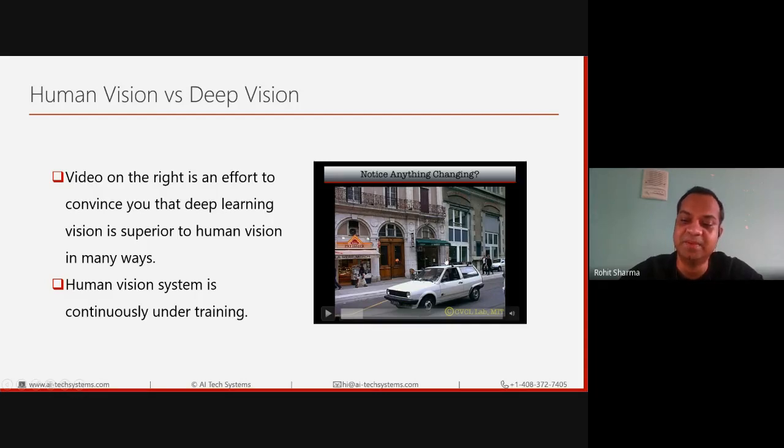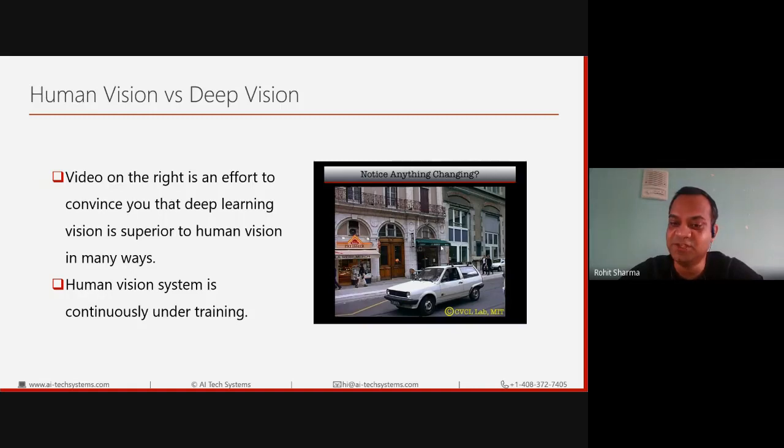This was conducted by MIT. It's an experiment showing that humans focus on finding changes in the scenery, and that's how the human vision system in the brain works. But you can trick it fairly easily.